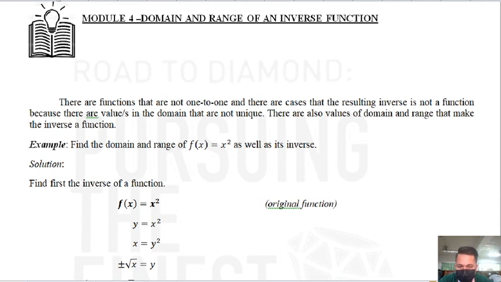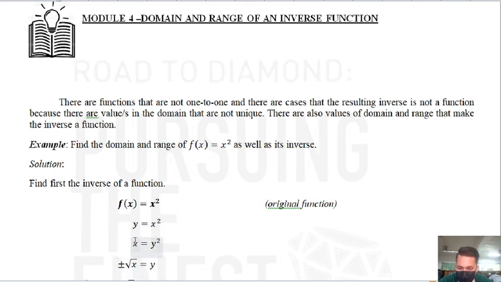As you can see here, we have y squared. In order to solve for y, we need to remove the exponent 2. You can remove it by taking the square root of both sides. So you just take the square root of y squared and the square root of x. When you take the square root of y squared, that would be y.